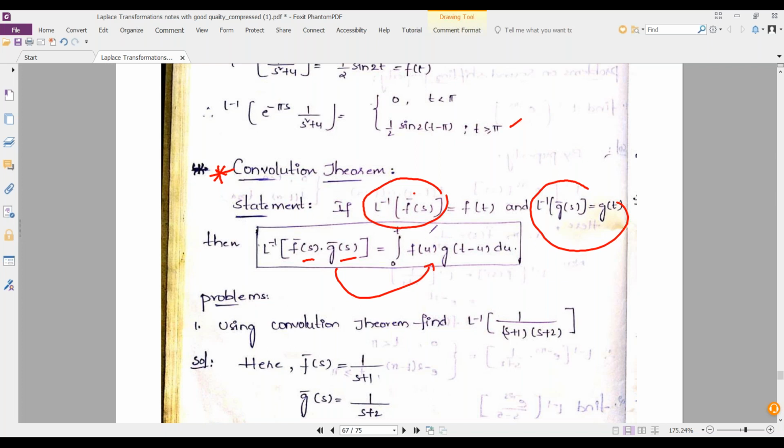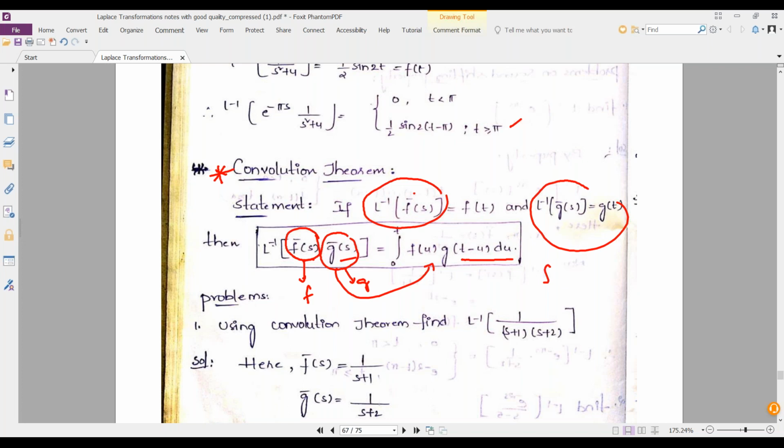So the inverse Laplace transform of a product can be evaluated by using the convolution theorem. Then it's pretty comfortable, friends. First identify what is f of s, what is g of s, and compute their corresponding f of t and g of t. Then integral 0 to t of f of u times g of t minus u du. Enough.